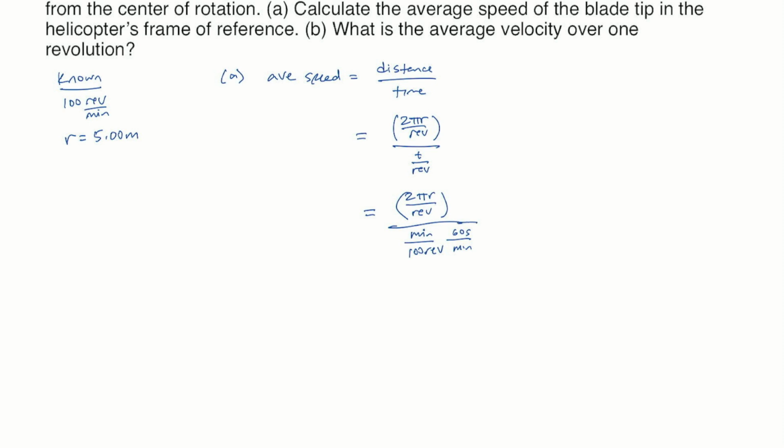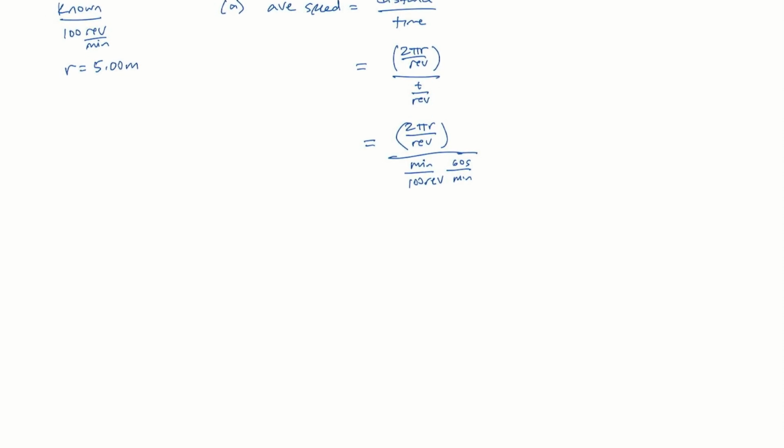Okay, and so we can get rid of the revs now. So we've got 2 pi r, where r is the 5.00 meters. Then we have 60 seconds over 100. I did this calculation.